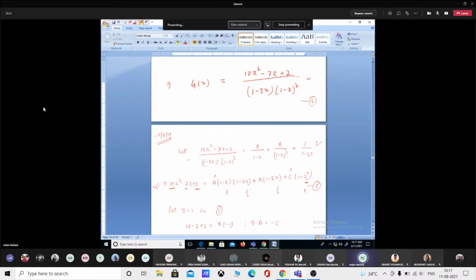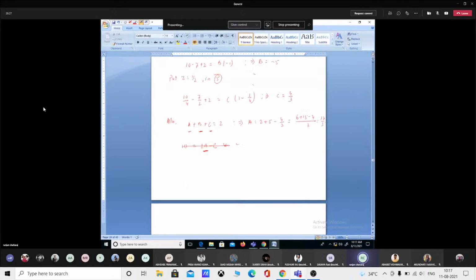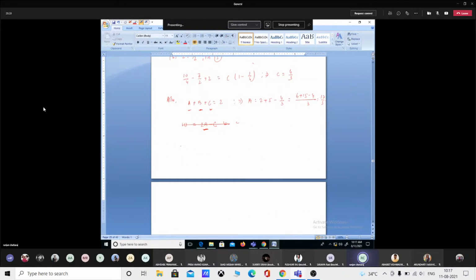So ultimately, what can you write? Suppose Gz, whatever may be the value, this is equal to A by 1 minus z, plus B by 1 minus z whole square, and the third one is C by 1 minus twice z, whatever may be the value of a, b, c.